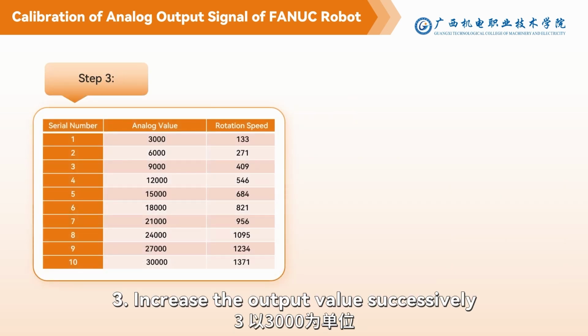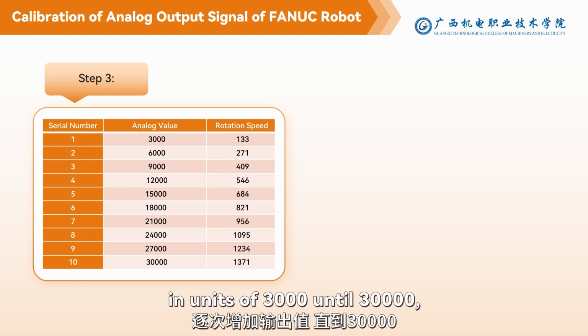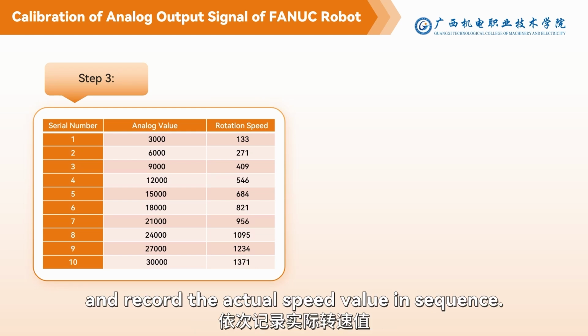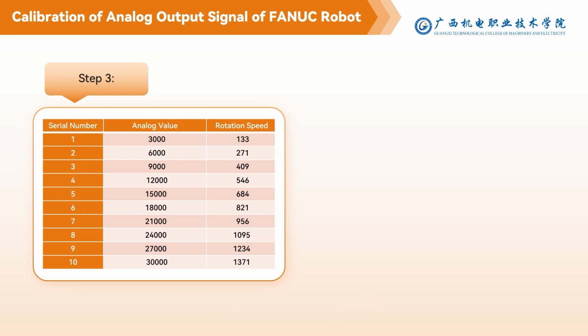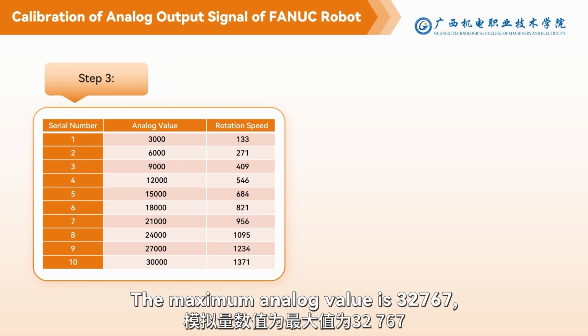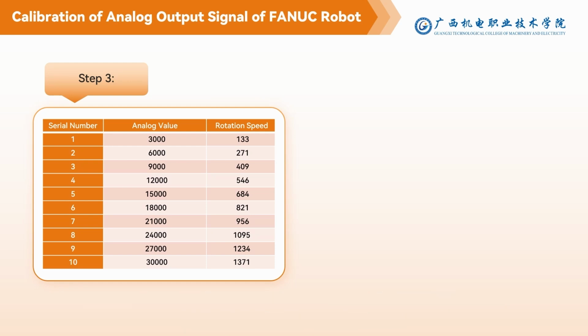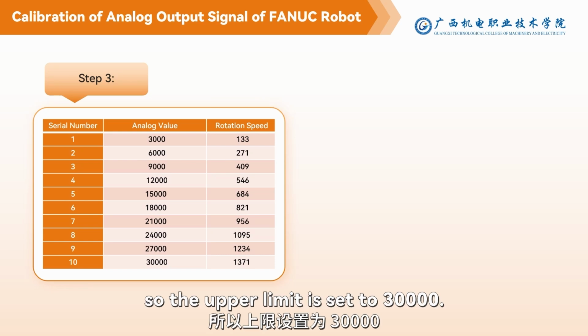Increase the output value successively in amplitude of 3000 until 30,000 and record the actual speed value in sequence. The maximum analog value is 32,767, so the upper limit is set to 30,000.